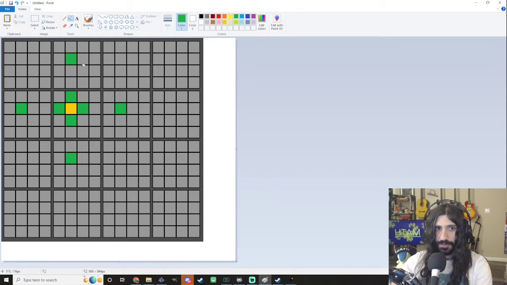And so filling in the total adjacency, you get a big sort of map. Probably should have used a different color, but that's fine.